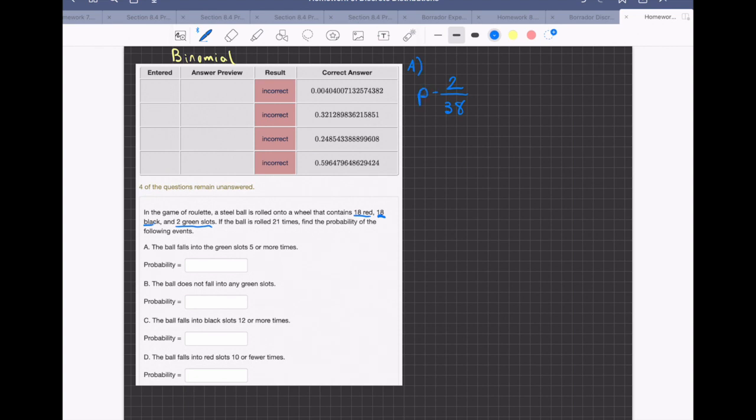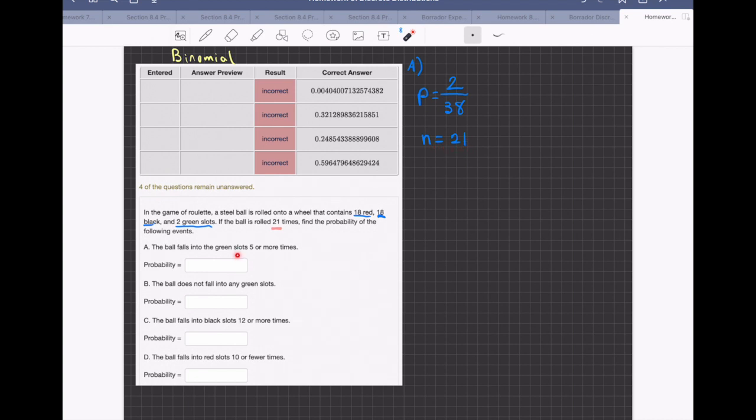So p is equal to this, and n is equal to 21. Why is this a binomial? The experiment is being repeated, right? The success here is going to be whether we observe a green slot, and we are repeating this 21 times. The probability for success is 2 over 38 in only one trial. And this has been repeated, and n is equal to 21.